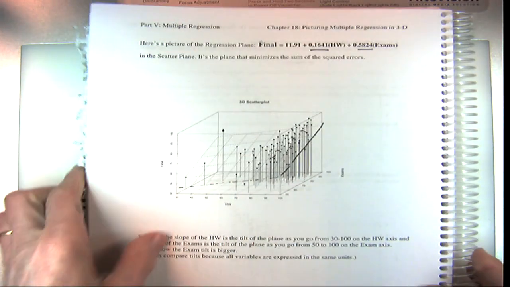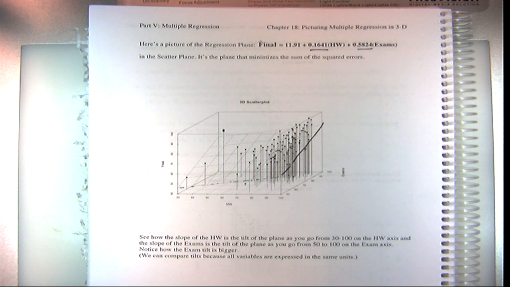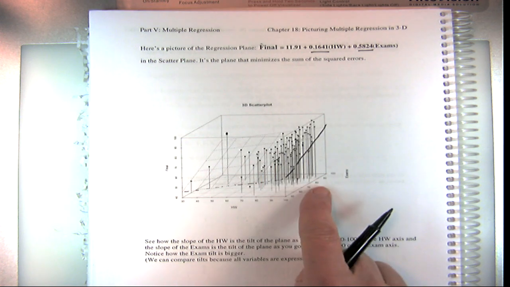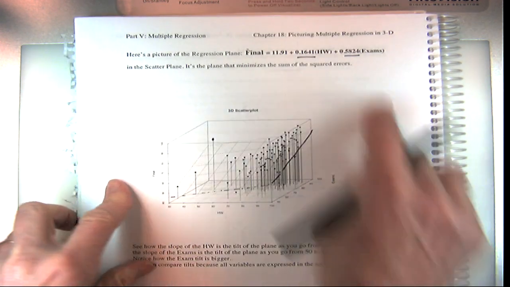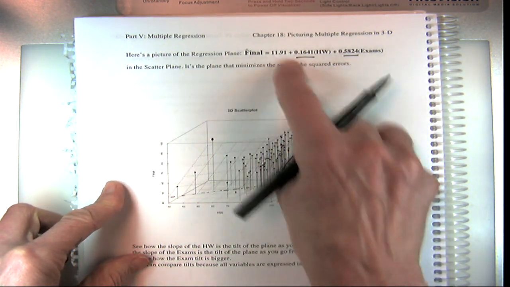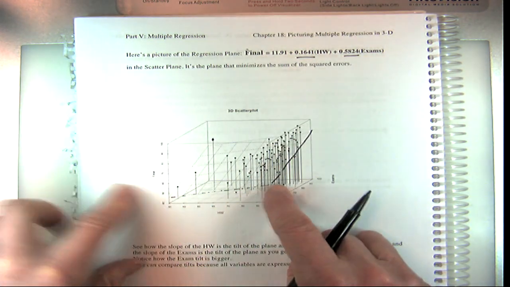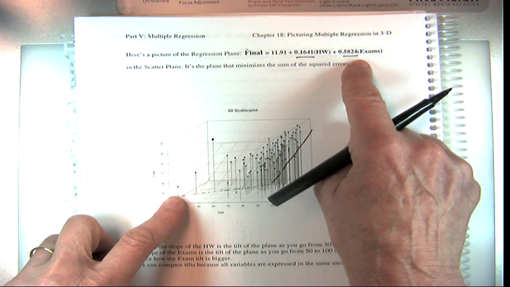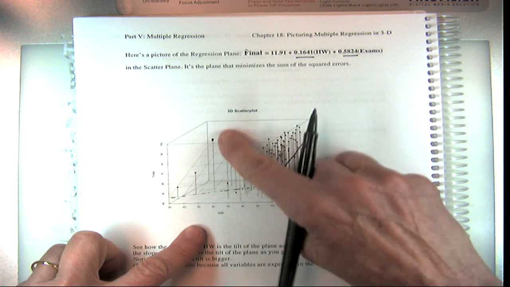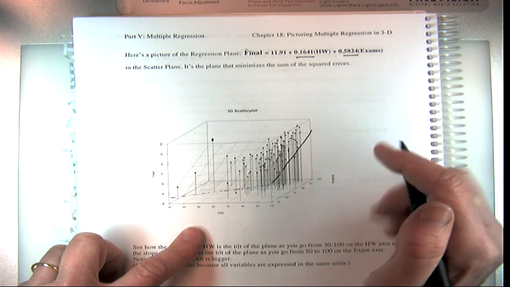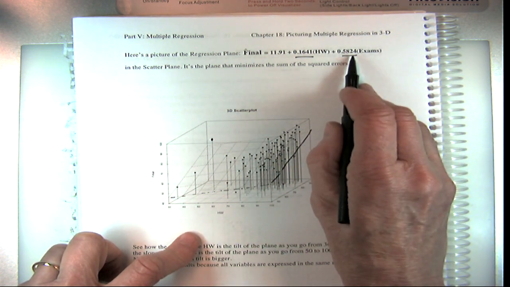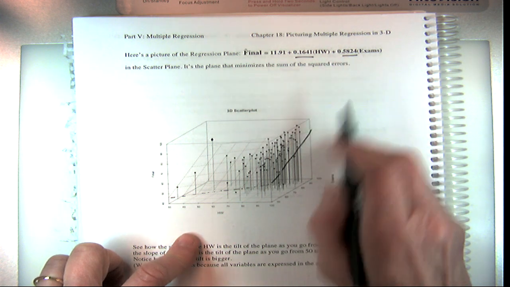And here's our multiple regression equation, and it's the equation of a plane. You can see that plane right here. This slope, you see it's a bigger one.